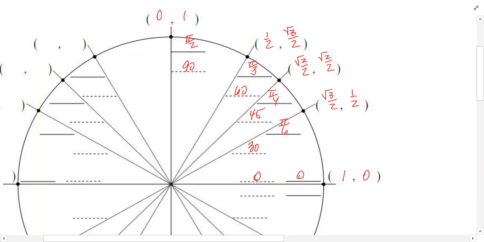Square root of 2 over 2, and then cosine is above the fold, square root of 2 over 2. Okay? Tangent would be the square root of 2 divided by the square root of 2, right? Any number divided by itself is always going to be 1. See how that's working there?